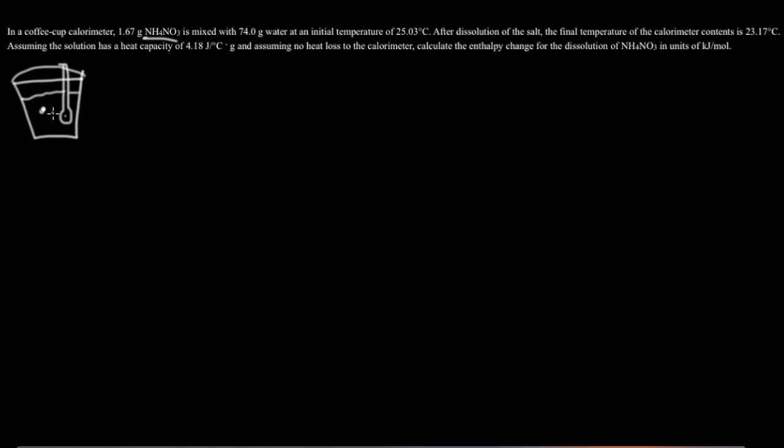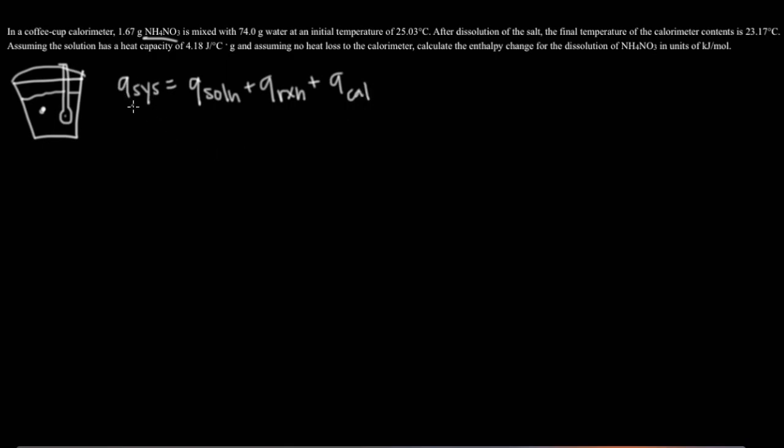Q system equals Q water, or Q solution, plus Q reaction plus Q calorimeter. So in other words, the total net energy of the system is equal to the energy change of the solution plus the energy change of the reaction plus the energy change to the calorimeter.